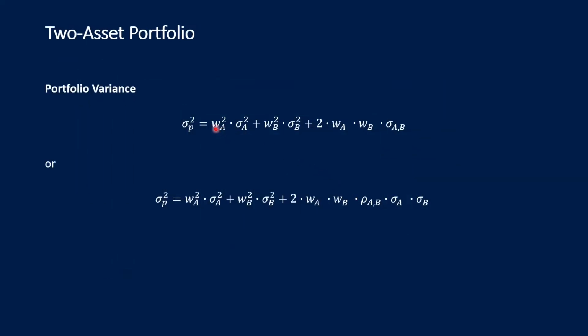So this would be 0.5 squared for A, then we have the variance for A, plus 0.5 for B squared and the variance for B, plus 2 times the weight of A, the weight of B, and the covariance. Since I can rewrite the covariance with the correlation formula, I can also change the formula into this writing here. It's just this term that has changed, with rho_AB times sigma_A and sigma_B.